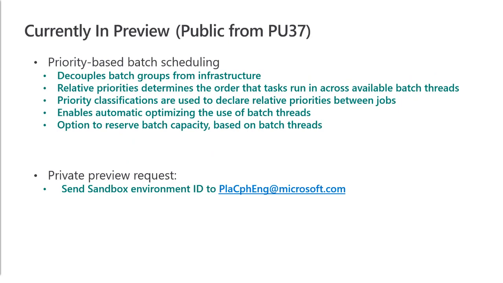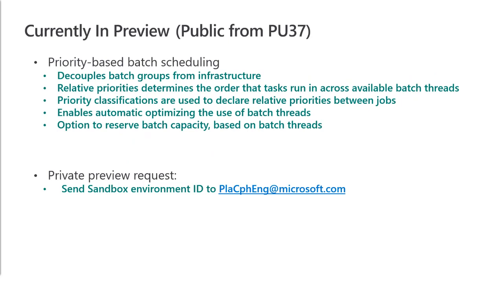So what is this feature all about? This is part of the decoupling of batch groups from the infrastructure, meaning that batch groups will not be coupled any longer to batch servers. The same goes for batch jobs, which will not be coupled directly to batch servers. Instead, it's using a relative priority to determine the order in which tasks run, and it's using the available batch threads at any given time.